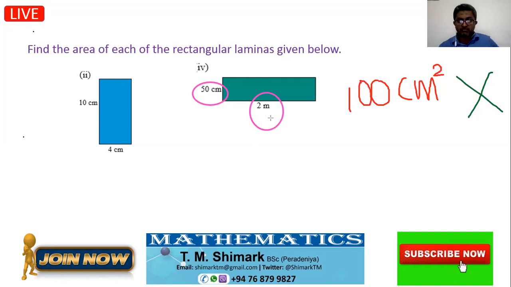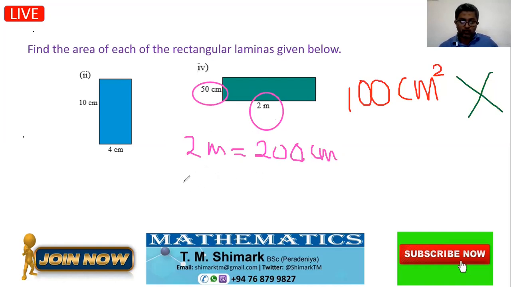So say 50 centimeter and 2 meter. The first work we have to do is check how many centimeters 2 meter is. 1 meter is 100 centimeter, so 2 meter means 200 centimeter. First thing, write that down. So convert the units.